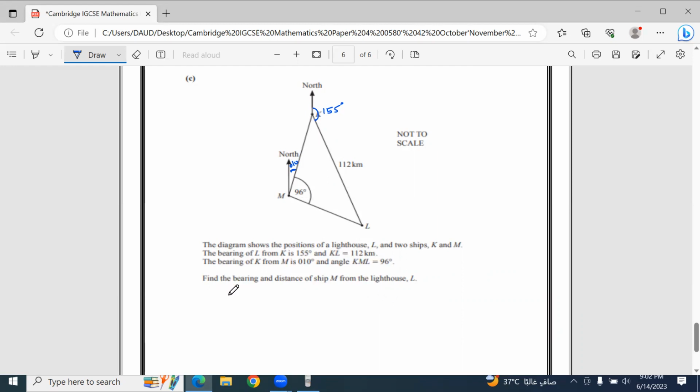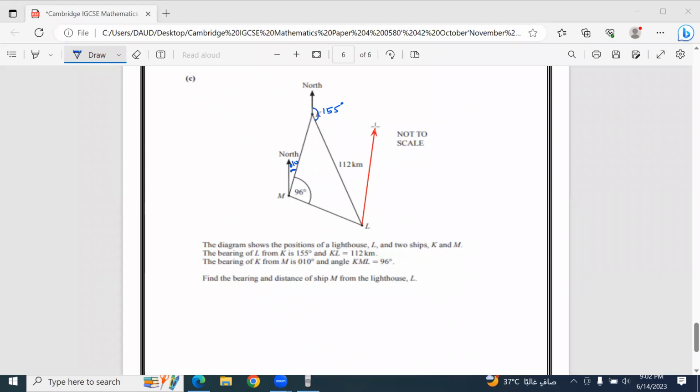So they want us to find the bearing and distance of ship M from the lighthouse L, which means we must have one north at L. So see, if I draw north here at L, this is a north.